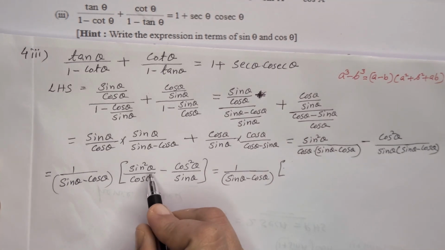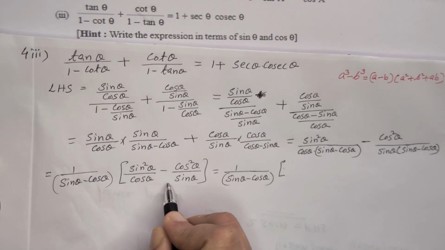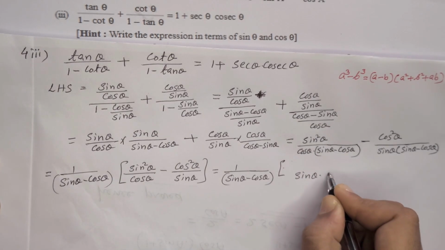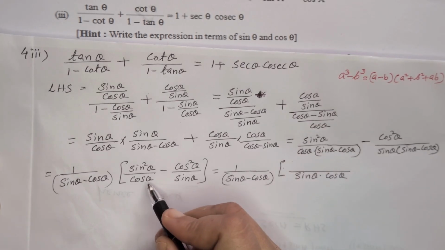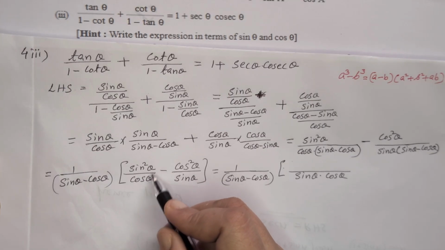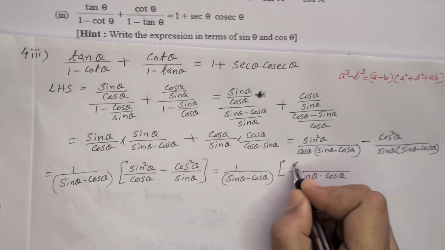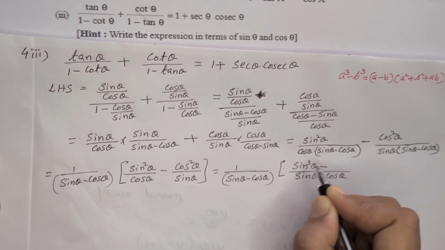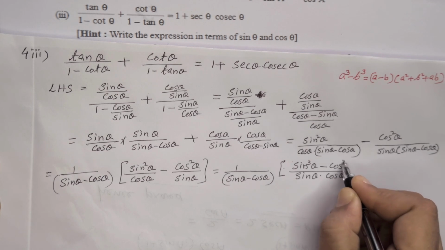Here we can take sin θ into cos θ as the denominator, LCM. Then here the denominator is cos θ only, so we have to multiply with sin θ up and down to make the same denominator. So that will come, already sin² is there, so sin³θ. Same way here also multiply with cos θ, that will come cos³θ.